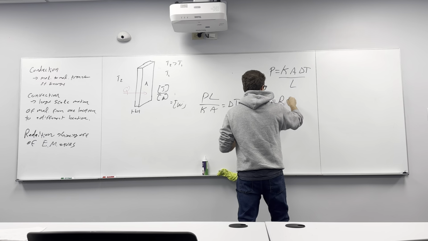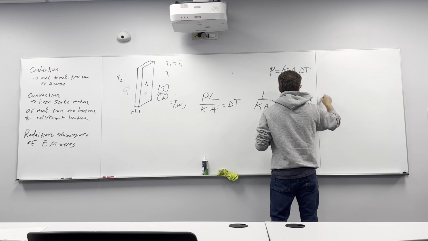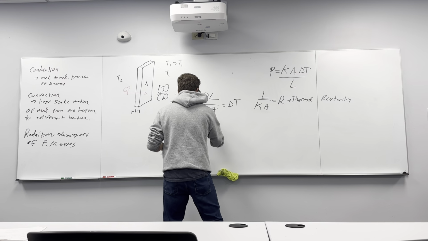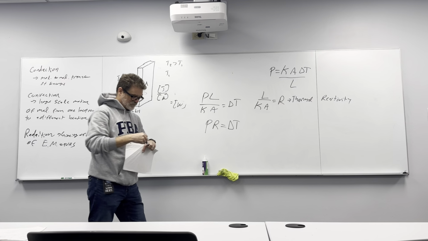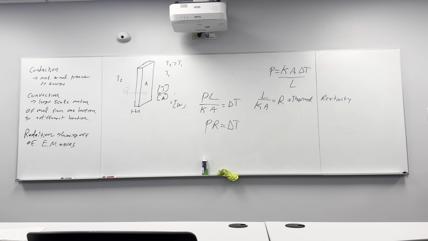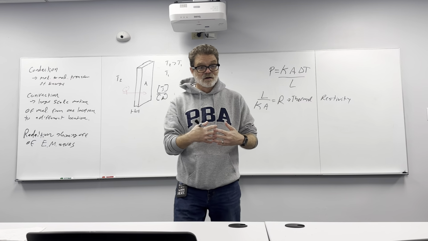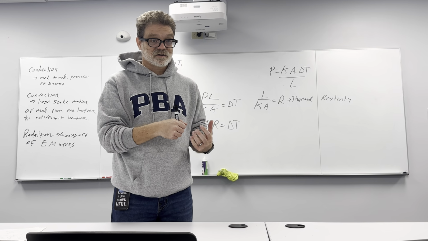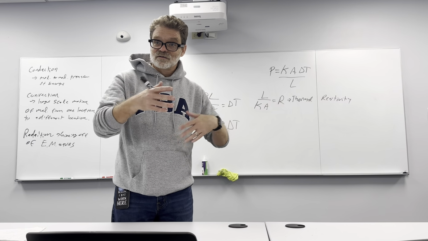You get the value R. This is the thermal resistivity. So P times R equals change in temperature. So this is when you want to talk about insulating power. Right? So R is proportional to 1 over K. So what that means, something that's a good insulator would be a bad what? Conductor. And something that's a good conductor would be a bad insulator, right? Because they're inverses of each other. Make sense, everybody?